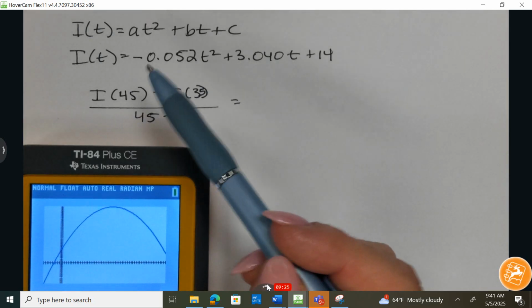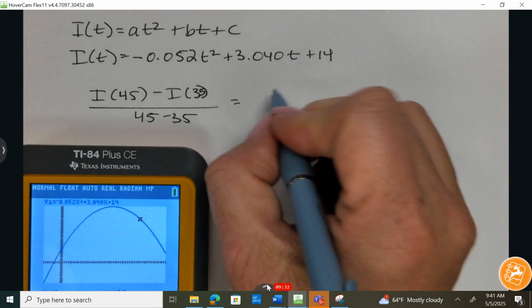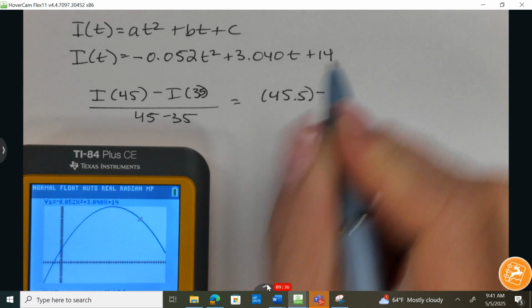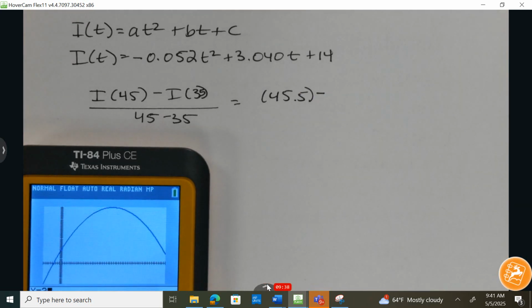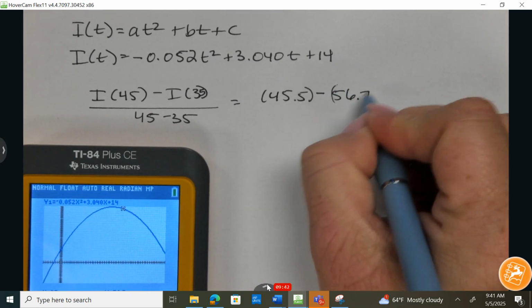So I want to figure out when I substitute in 45, what's the output? So second trace value, when I plug in 45, I have 45.5 minus, now when I substitute in a value of 35, I have 56.7.